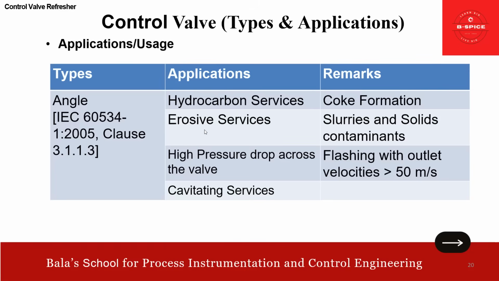It is used for erosive services, slurries and solid contaminants, high pressure drop across the valve, and typically flashing with an outlet velocity greater than 50 meters per second. This is where we deploy it, and of course it is predominantly used for cavitating services. This is about the angle valve.